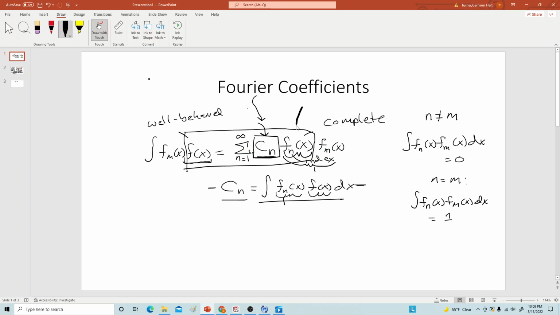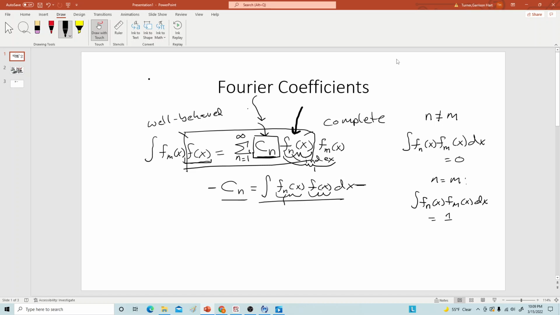As long as you have a complete set over some interval, then you can approximate a well-behaved function if you can calculate the Fourier coefficients. And that's what the integration technique does.